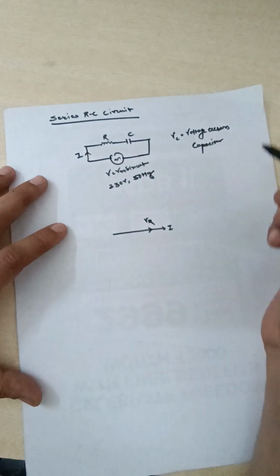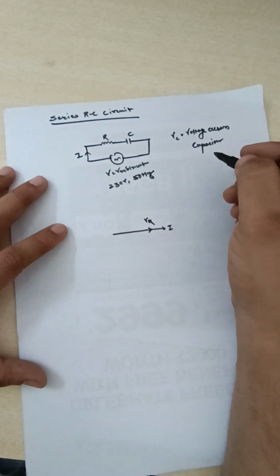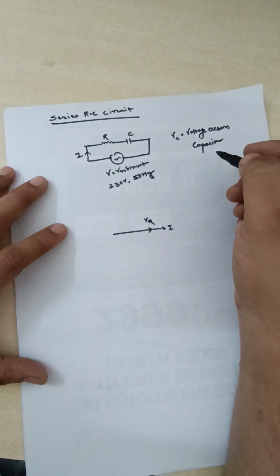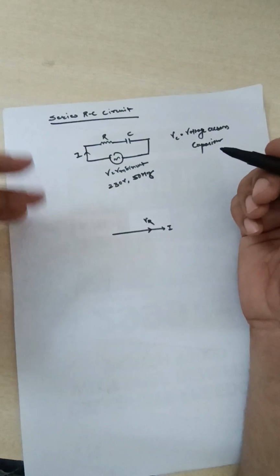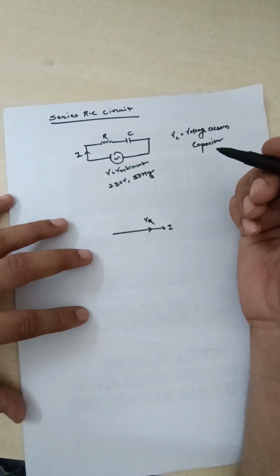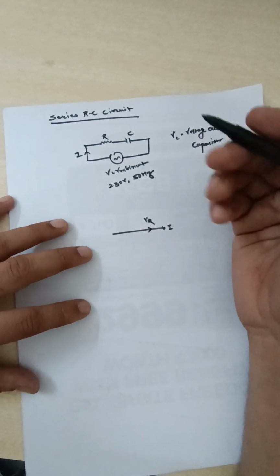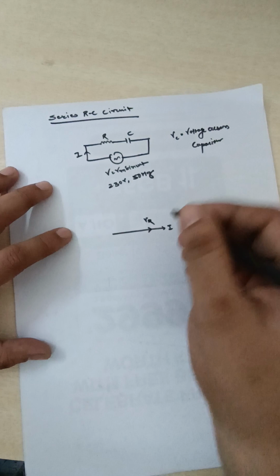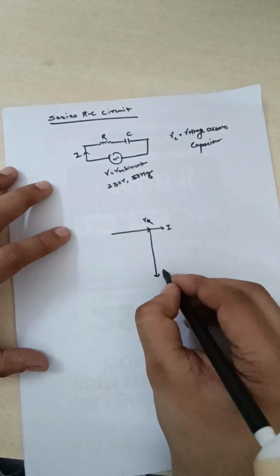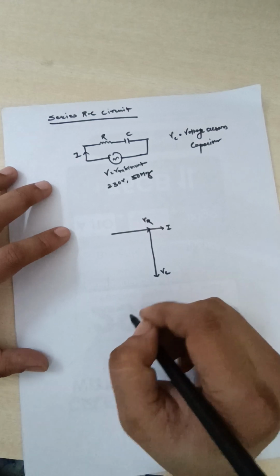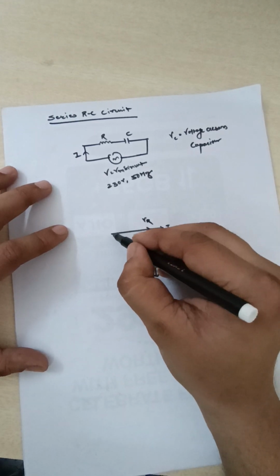As in my previous video, when the circuit has only a capacitor, we have discussed that in a purely capacitive circuit, the current will lead the voltage by 90 degrees, or in other words, the voltage will lag the current by 90 degrees. So here the VC voltage will lag the current, so it will be VC. And what will be the resultant?